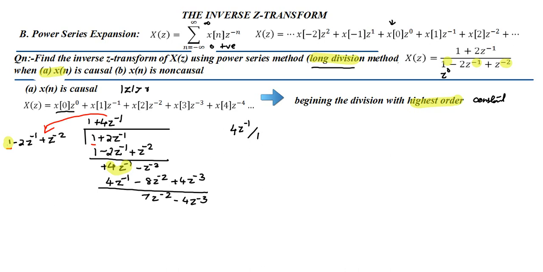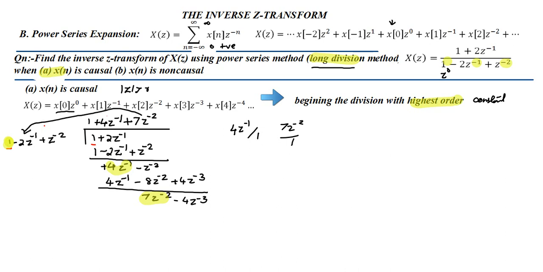Now again I need to divide this 7z raised to minus 2 by this 1. If you divide these two terms, I'll get plus 7z raised to minus 2. Now I multiply this 7z raised to minus 2 by the divisor.